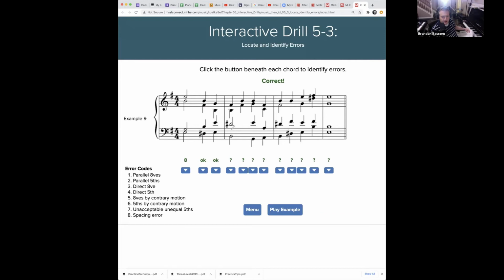Okay, are we looking at this to this for this one? Ah, I see it. Do you see it? Maybe I don't see it. Other than the spacing error that they probably didn't mark. Should we try it?